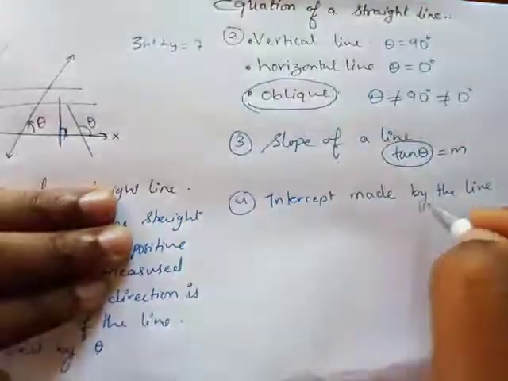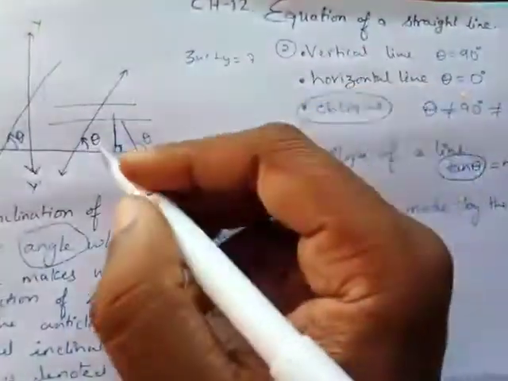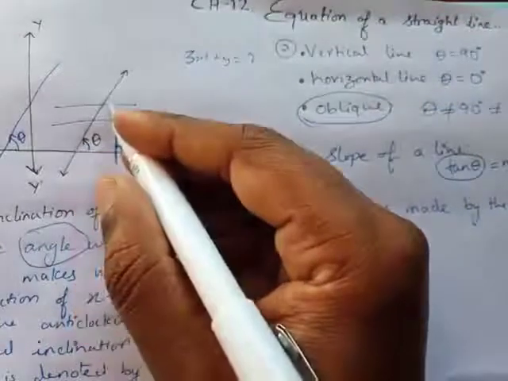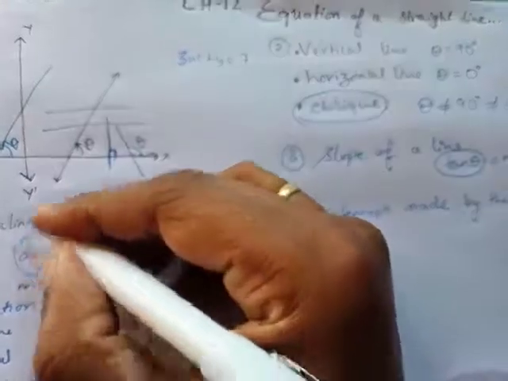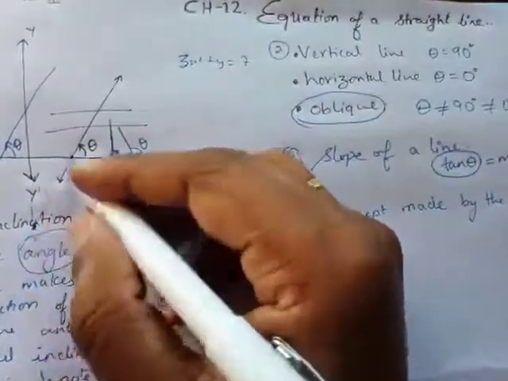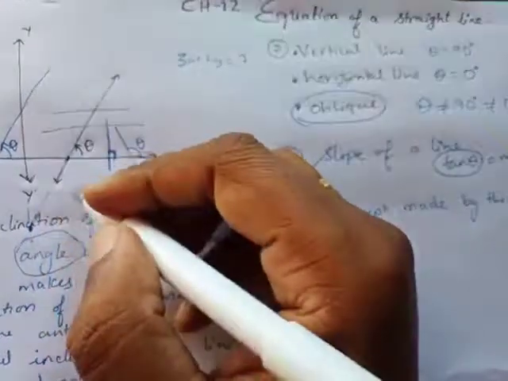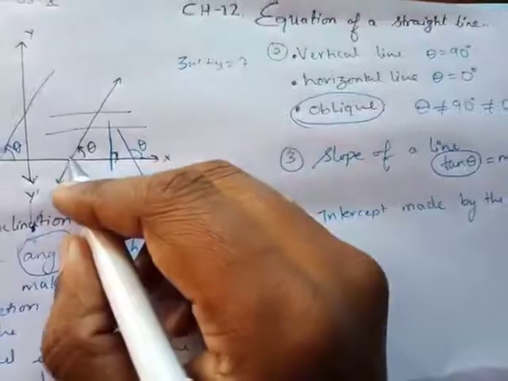Okay, intercept made by the line. So if this is the line, what is the intercept? Intercepts are the points where this line meets the x-axis, and if I extend it further, it will meet the y-axis also. So wherever the given line meets the x-axis and y-axis, those are called intercept points.